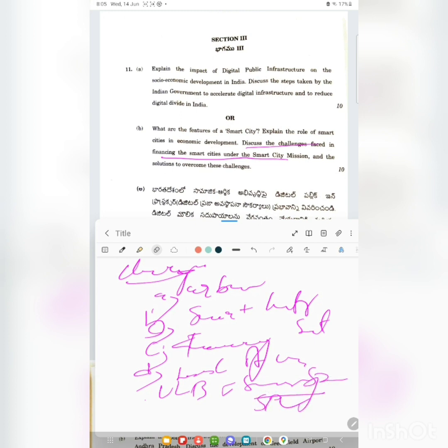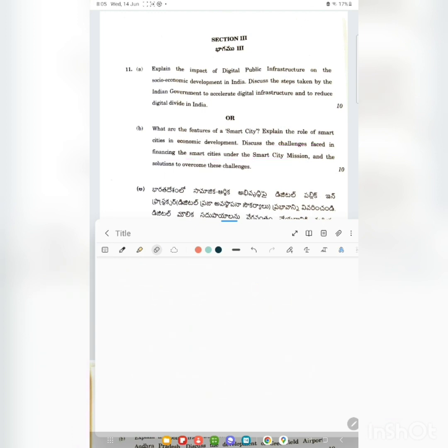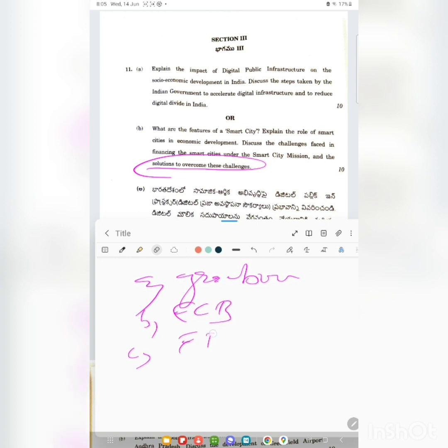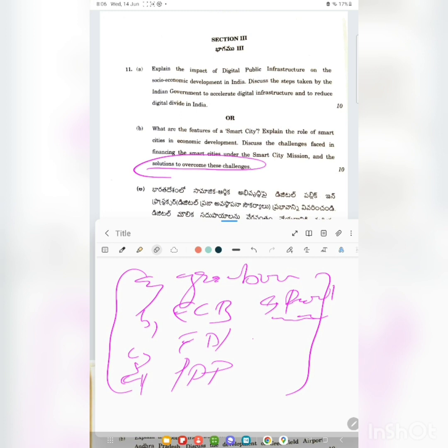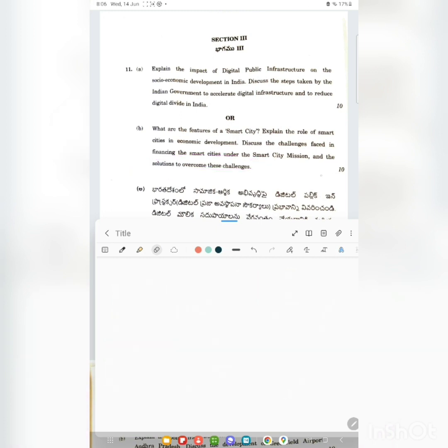So these are the challenges, and also you have to write what the solutions are to overcome these challenges. You can talk about green bonds, external commercial borrowings, FDIs, various PPP projects, and privatization of various aspects of infrastructure.